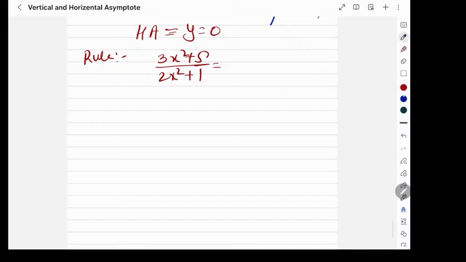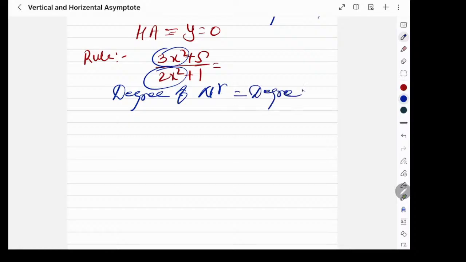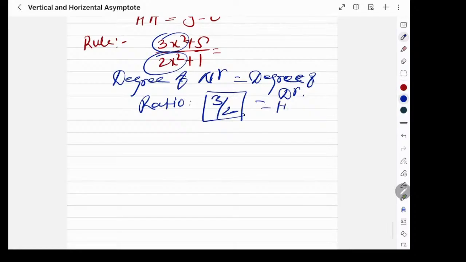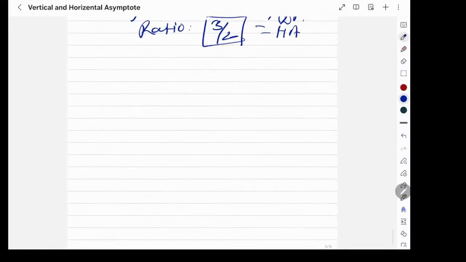The leading coefficients of the numerator and denominator polynomials are 3 and 2. So the ratio of leading coefficients is 3 over 2. That is called the horizontal asymptote here, right?